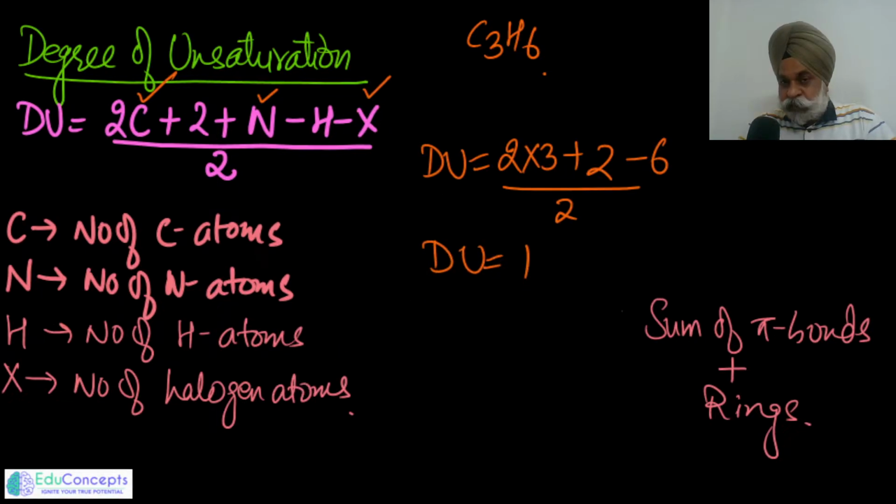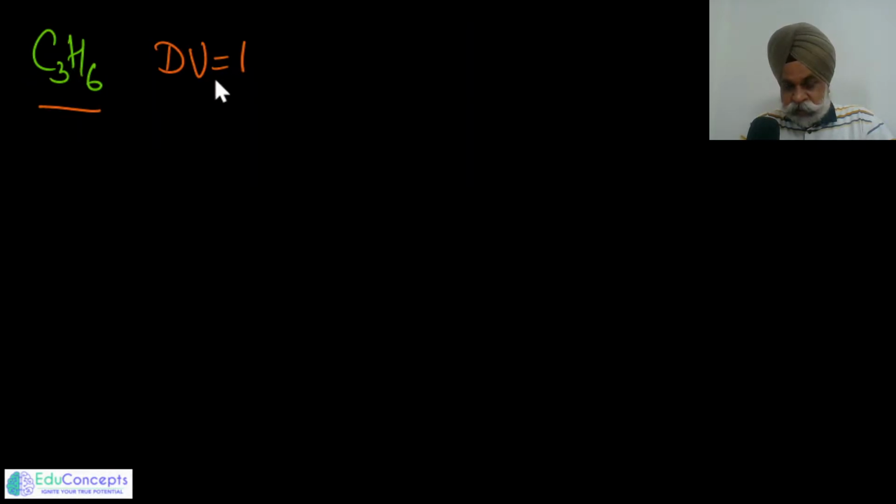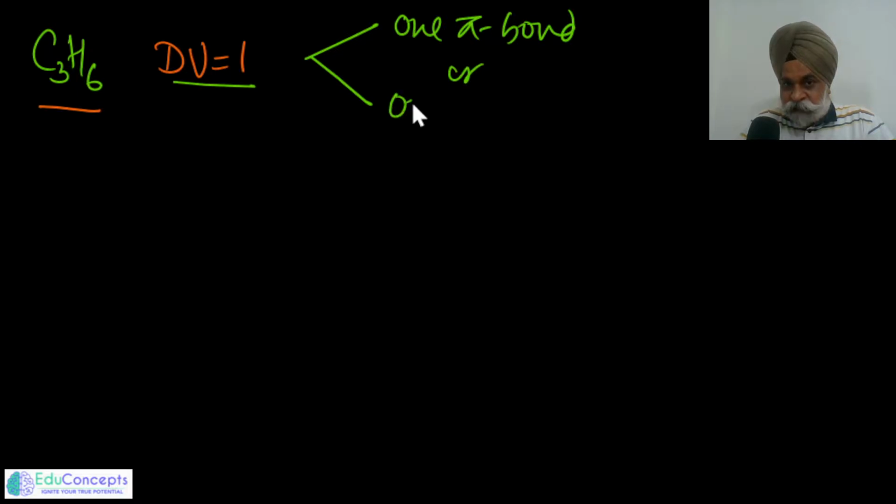Once you get the degree of unsaturation from the given molecular formula, degree of unsaturation 1 means that, basically, the degree of unsaturation is the sum of pi bonds and rings in the simplest way. So this formula C3H6 has a degree of unsaturation 1, which means it would have 1 pi bond or it may have 1 ring.